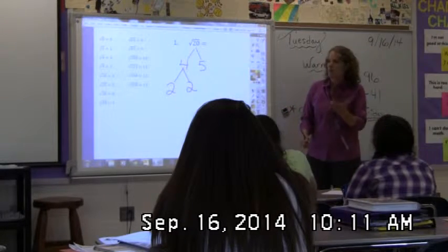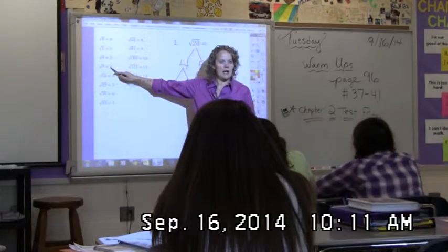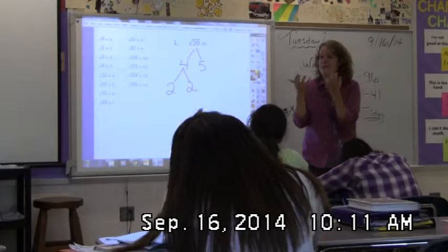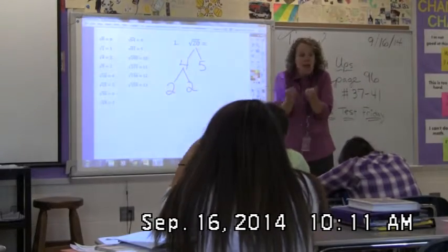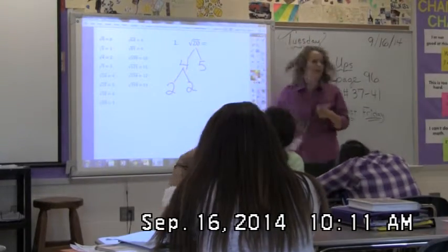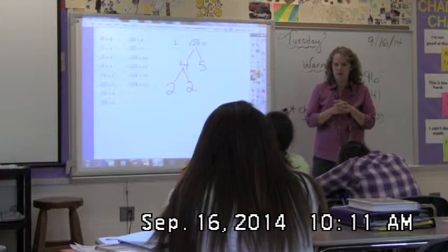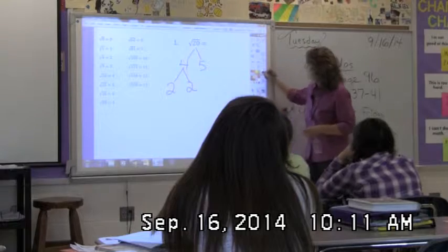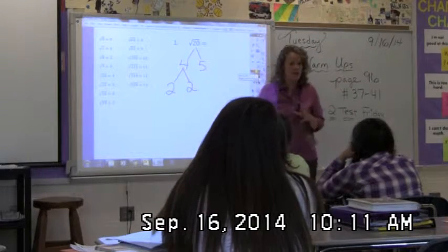Now remember, we said the square root of 9 is 3 because 9 is 3 times 3. And that's a match. 3 times 3 is a match. Do you see a match up here? 2 times 2. There's a match right there. And so what we're going to do is look for our matches.